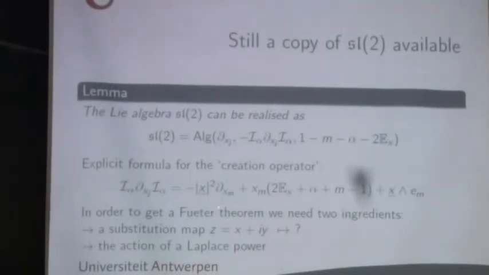Now the Fueter theorem, recall, has two ingredients. I need a substitution map, and I need a Laplace power. So I need to be able to map a complex number to a Clifford number, and then I need a suitable power of a Laplace operator. But it is easy to guess how the substitution map looks.